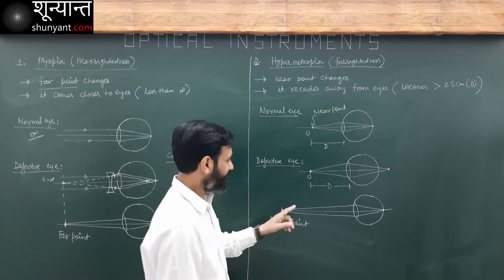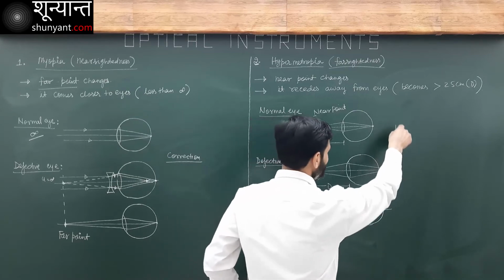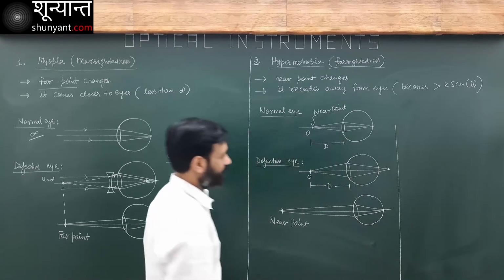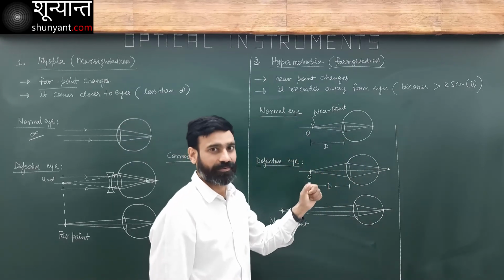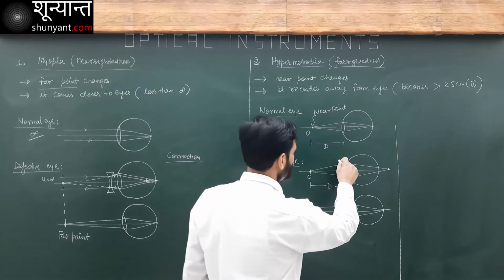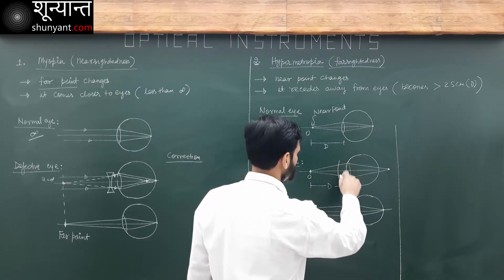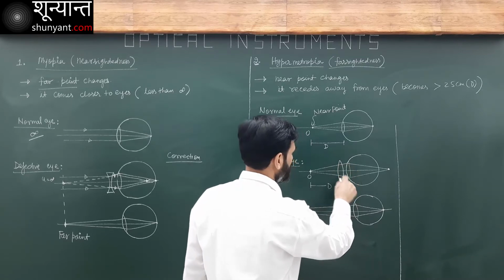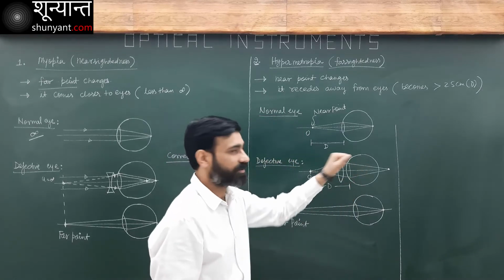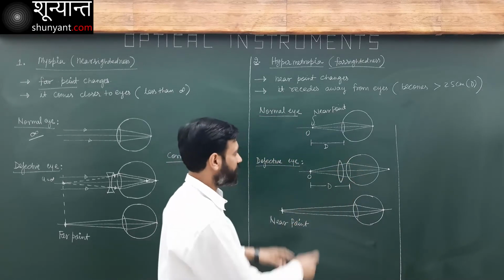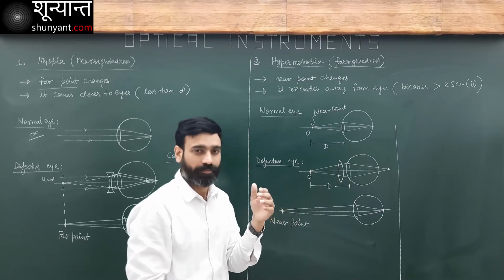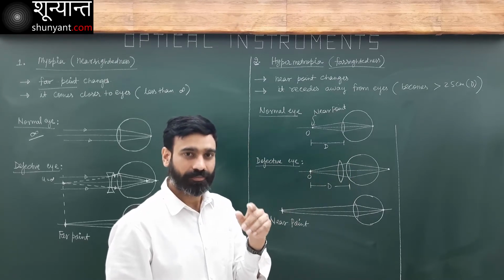Let's see. What is the correction? The correction lies here itself. What we do is we use a convex lens. I need to converge this a little bit. The object should be between lens and focus.